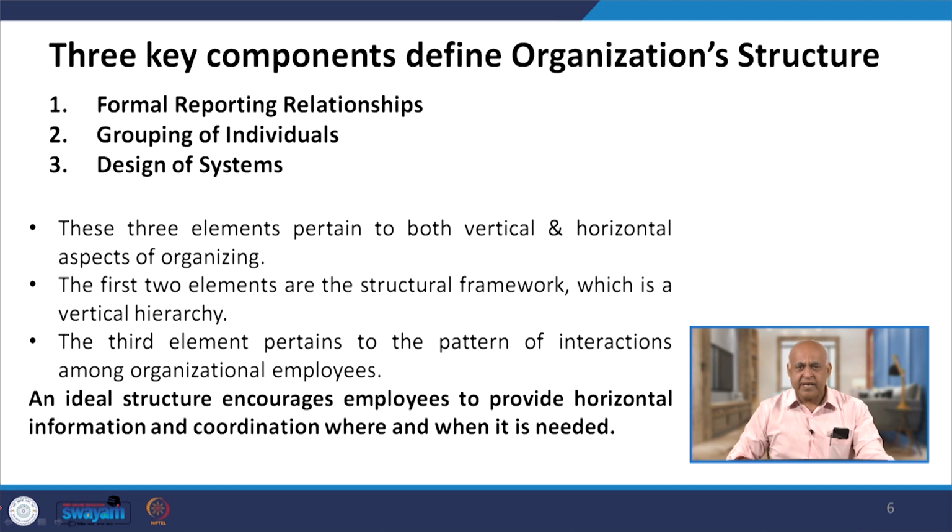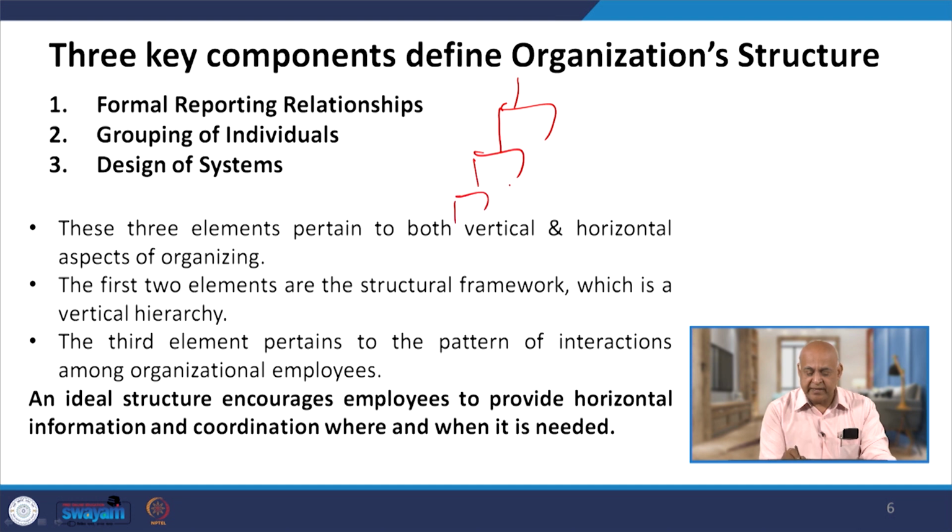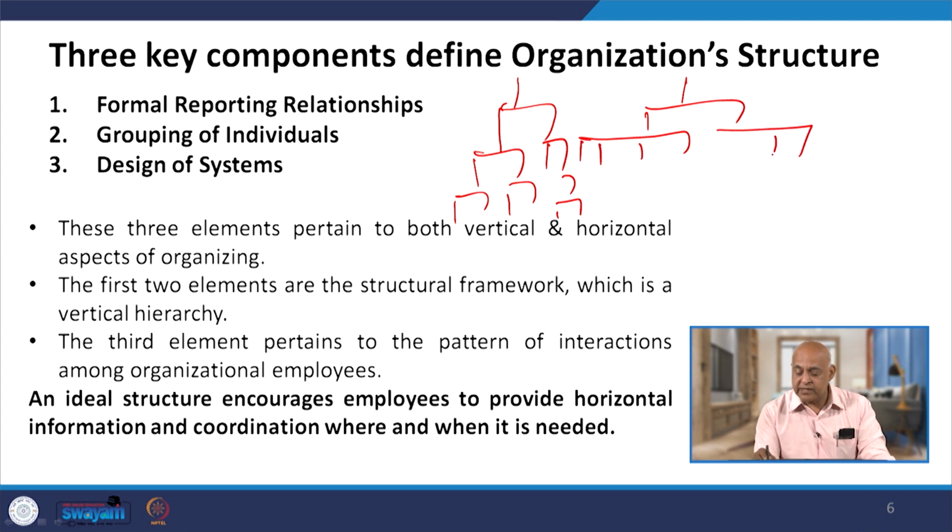Whenever we talk about the vertical structure, there are more levels, while in the horizontal structures all these aspects are taken care of. So these first two, the formal reporting relationships and grouping of individuals, pertain more towards the vertical organization.